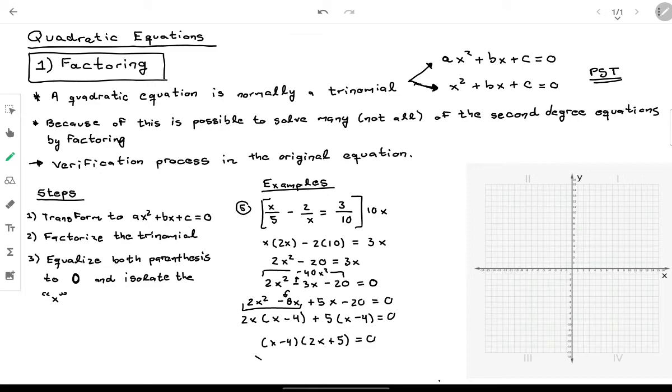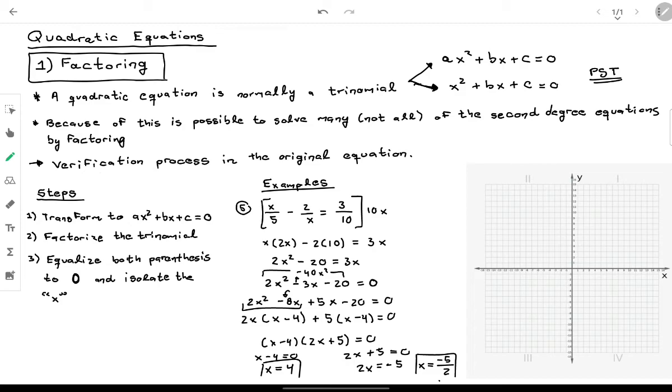So we can equalize both to 0. x minus 4 equals 0, 2x plus 5 equals 0. x equals 4, so we have the first value of x. 2x equals minus 5, x equals minus 5 halves. That will be another answer.